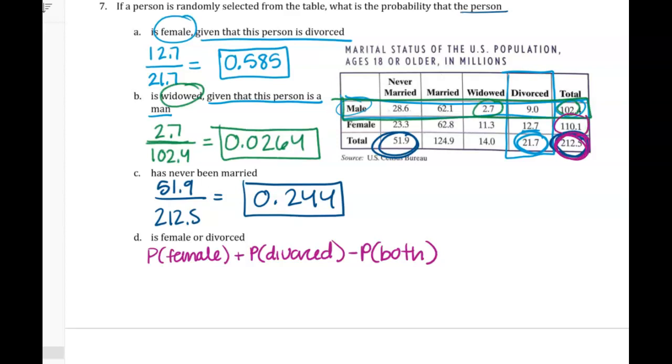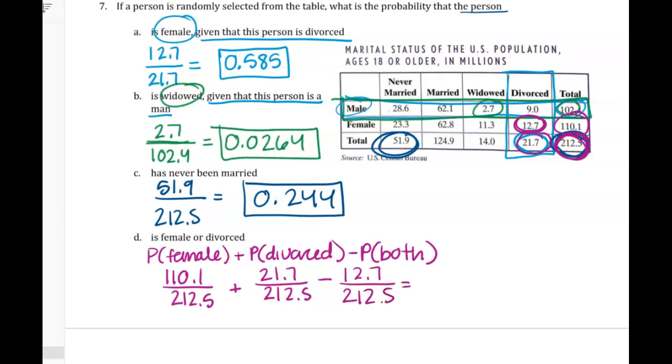Female was 110.1 out of 212.5, plus divorced, which was 21.7 out of 212.5, minus both, so female and divorced was right here, 12.7 out of 212.5. And so if you add 110.1 plus 21.7 minus 12.7, you get 119.1 over 212.5.